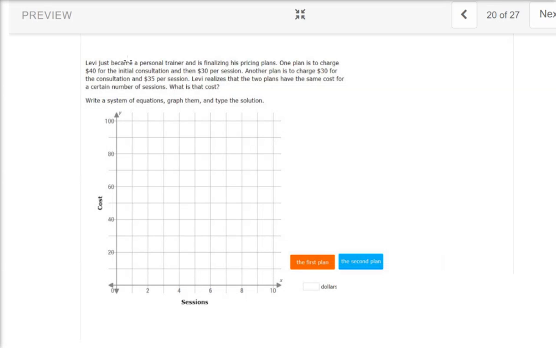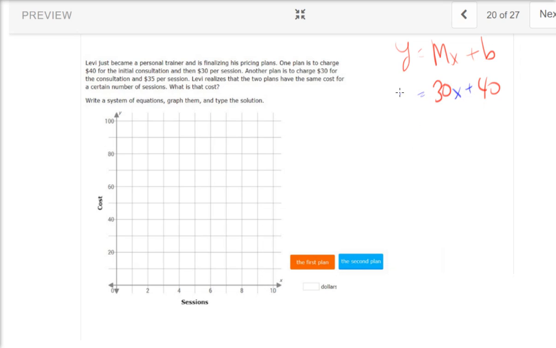For number 20, we've got Levi, who just became a personal trainer and is finalizing his pricing plans. One plan is to charge $40 for the initial fee. Remember, all of these are going to have y equals mx plus b, with m the rate of change. So the initial value is $40, and then he plans to charge $30 every session, so 30 times however many sessions there are.